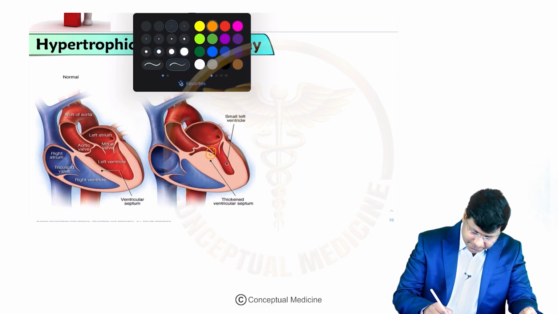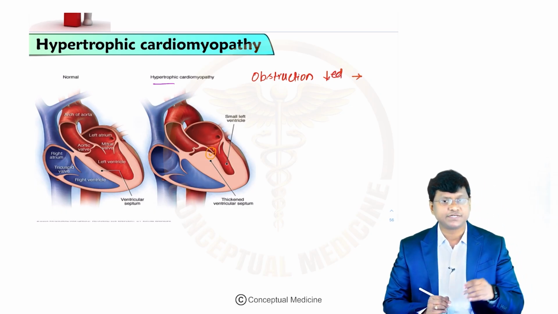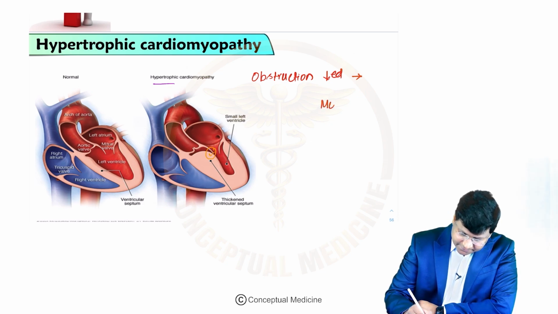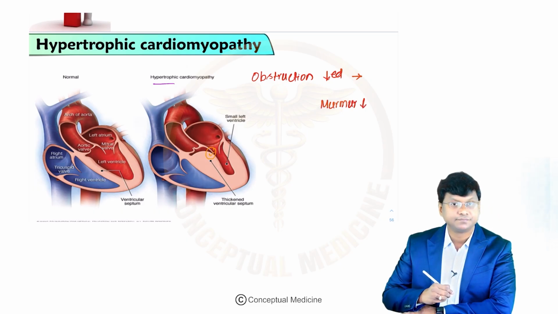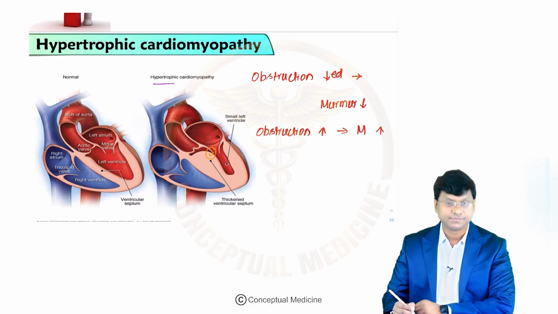Suppose the obstruction is decreased, what will happen to the intensity of the murmur? The intensity of the murmur is also decreased. Suppose the obstruction increases, then the intensity of the murmur also increases.